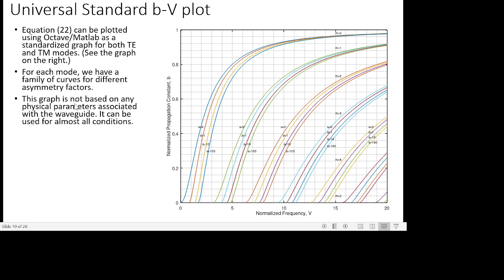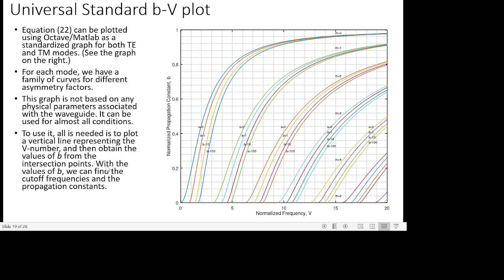So as a result, because the graph here is not based on any physical parameter, it is just equation 22. It should be applicable to all conditions, TE mode or TM mode, the same here. To be able to use it, what we need to do is to draw the vertical line representing the value of V number.